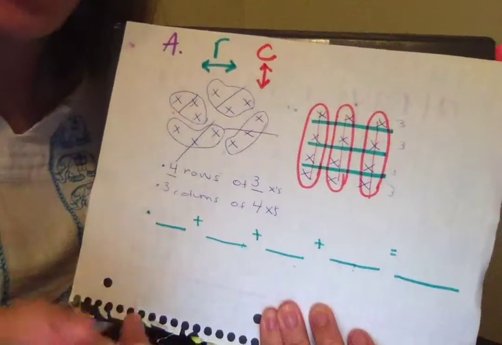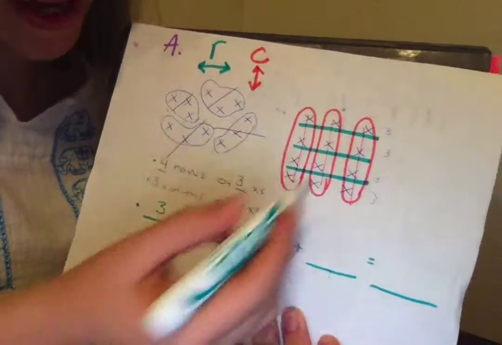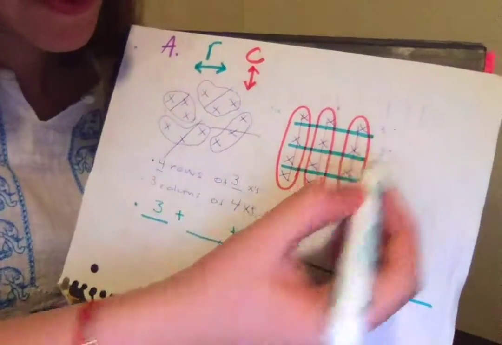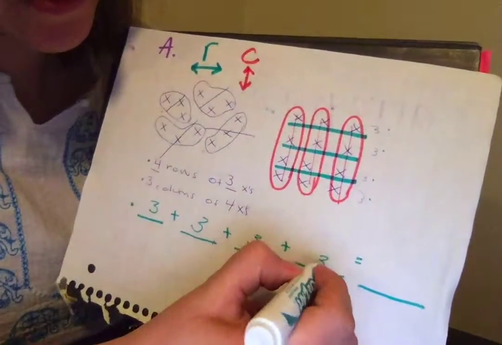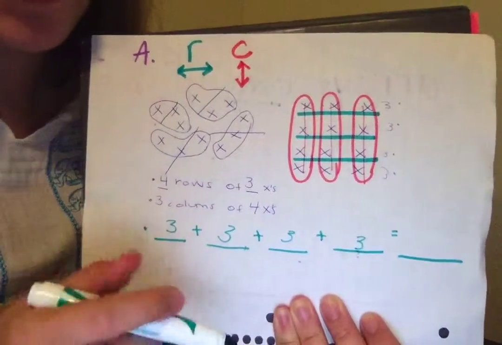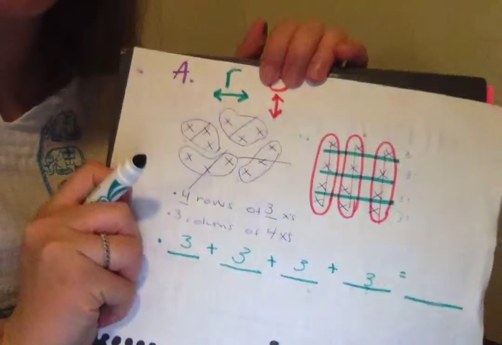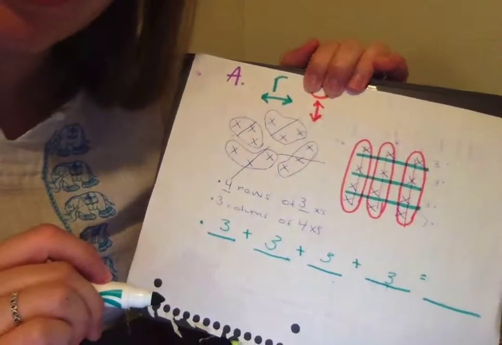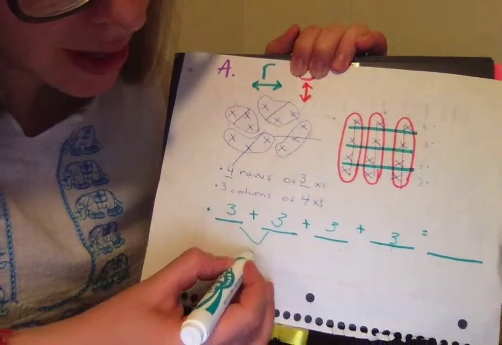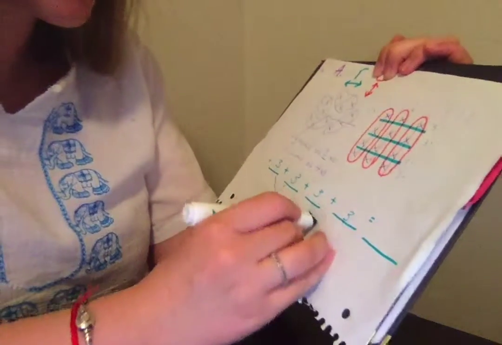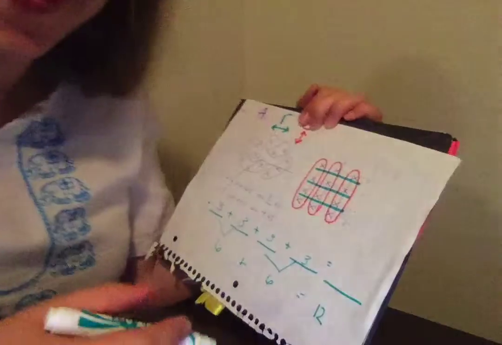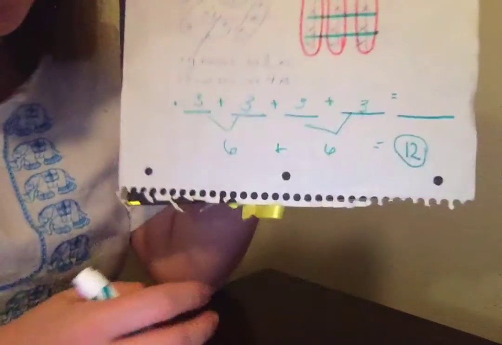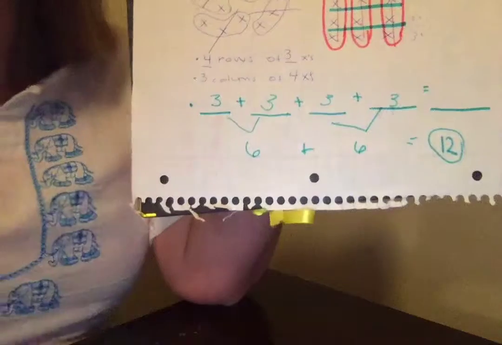So each row has 3 X's. So all I have to do is add them all up together to find out the total amount of X's we have. So this and this make 6. This and this make 6. What's 6 plus 6? All right, your answer is 12.